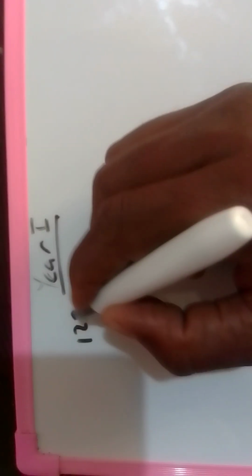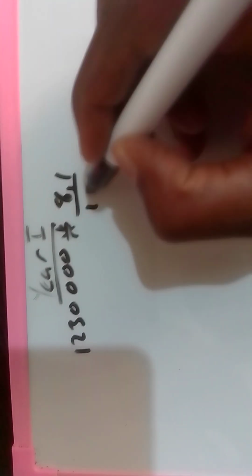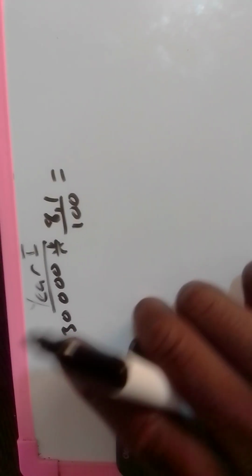Okay, so what was the principal? Remember, principal is the money which was initially invested. So we go year 1 here. Ryan invested 1,230,000 and we multiply that by 8,1 over 100 to find the interest that Ryan earned.